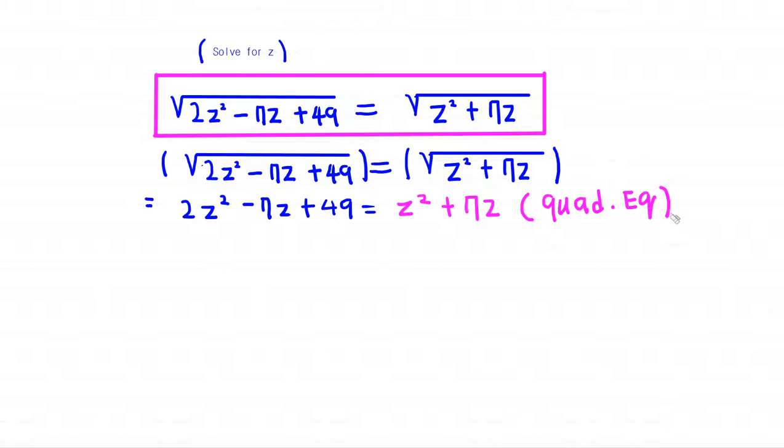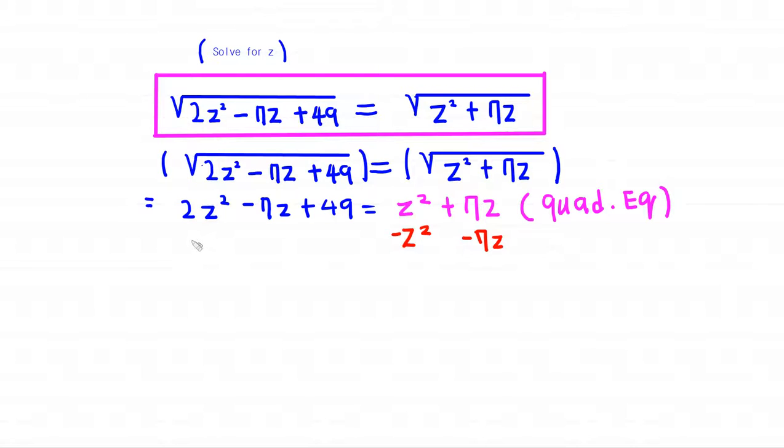To solve for z, we need to isolate it on one side. All we have to do is remove all the z squared and z terms from the right side and put them on the left side, by subtracting z squared and subtracting 7z.